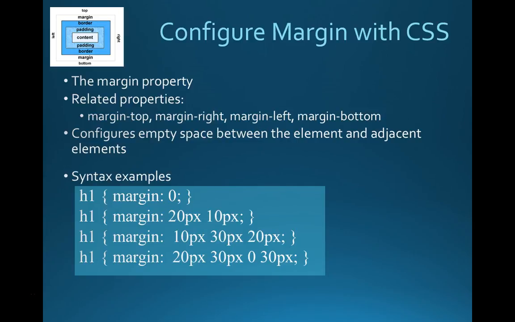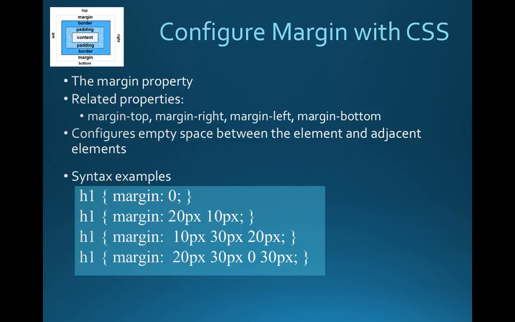By using only one value here, it says go ahead and kill the margin at the top, the right, the bottom, and the left of that element. The second way we can write it is we have now 2 values. We had one before, which meant everything. We have now 2 values. What do you think this stands for?